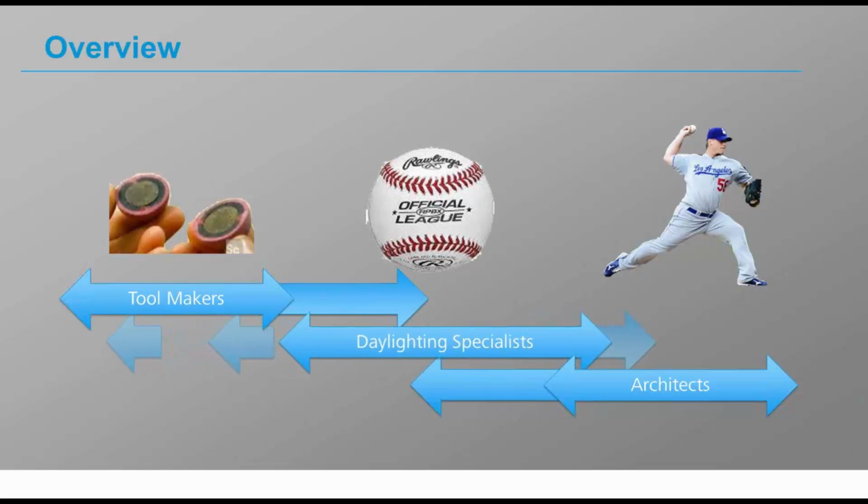And what all this does is allow the daylighting specialists to move further up the design chain, work more in the design realm rather than the model building realm. But still, they're the ones who are going to know how to do specific and very detailed fringe case type analyses.